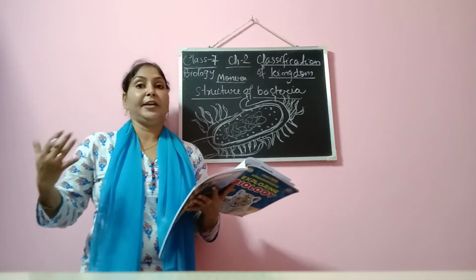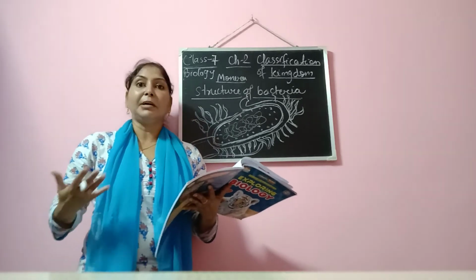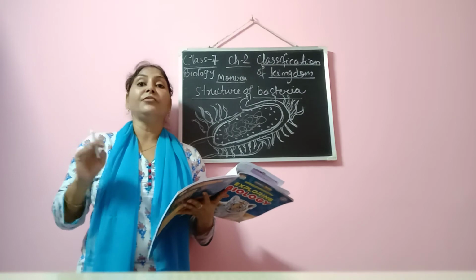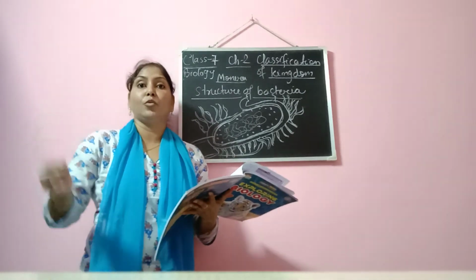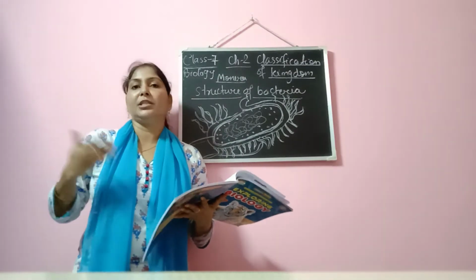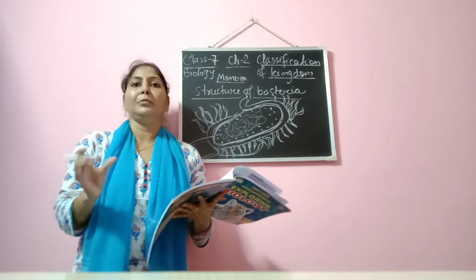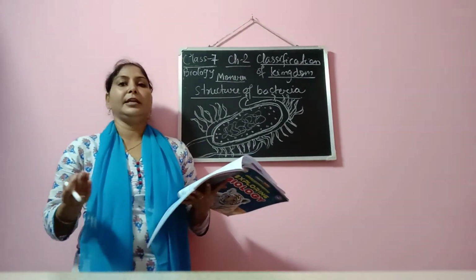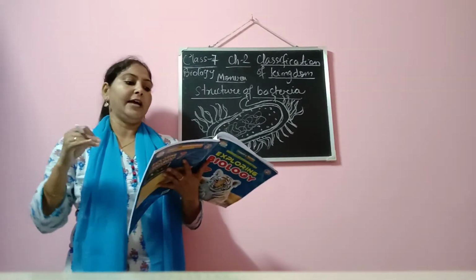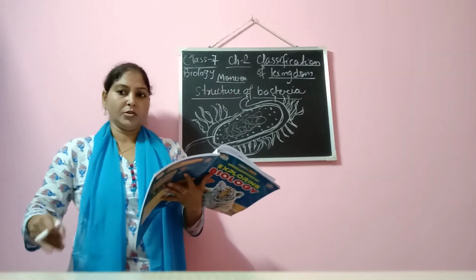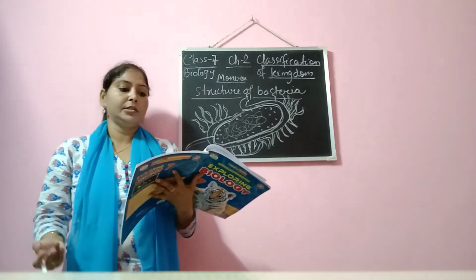You may have some kind of stomach problem. That is because certain harmful bacteria have grown, and they have gone inside your stomach and are causing problems. This kind of problem is known as food poisoning. In food poisoning you can see vomiting tendency, then loss of water, loose motions, etc.